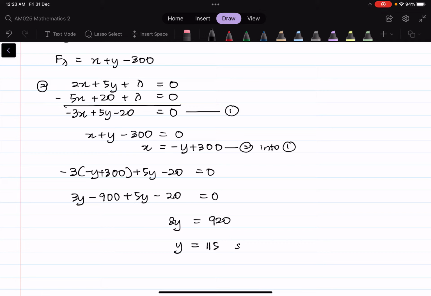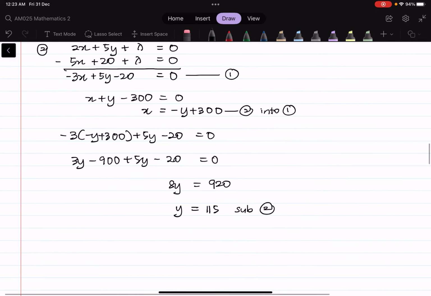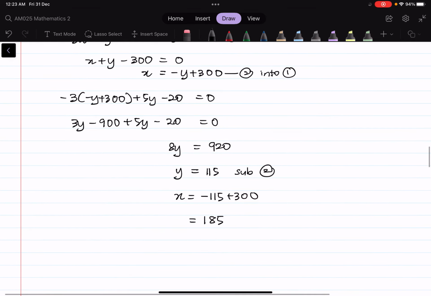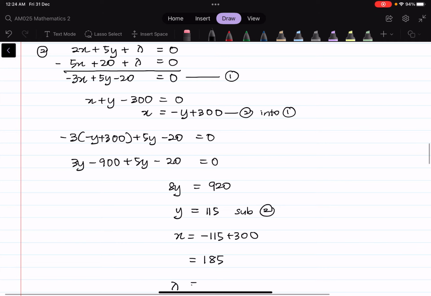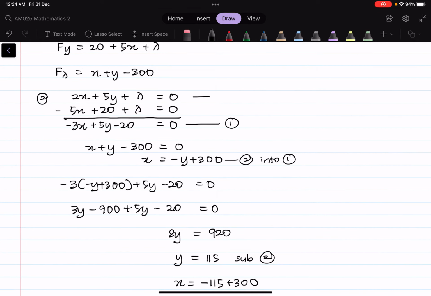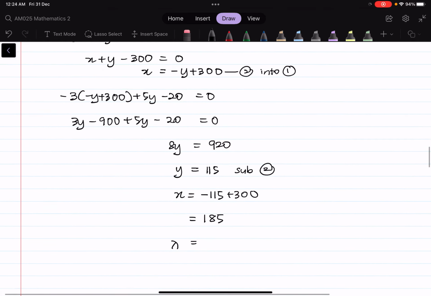Now we're going to substitute y equals 115 into our second equation to find the value of x, which is negative 115 plus 300, which is 185. So let us find the value of lambda by substituting into the third equation.